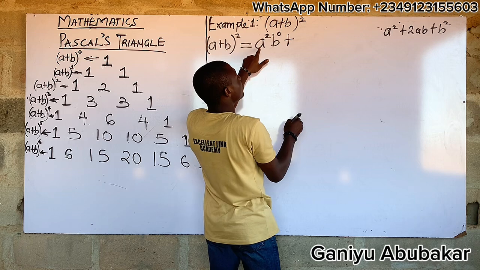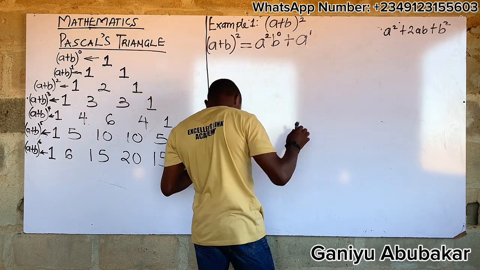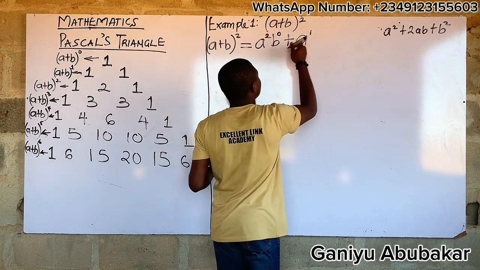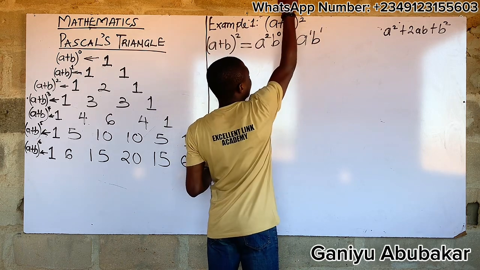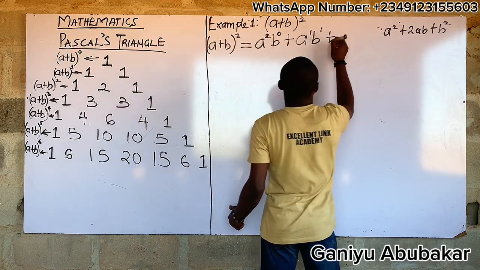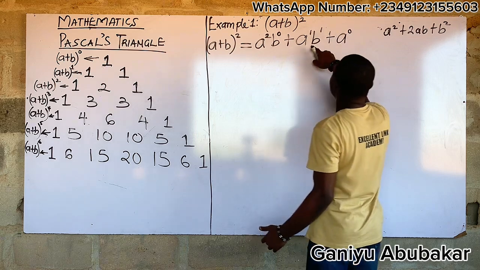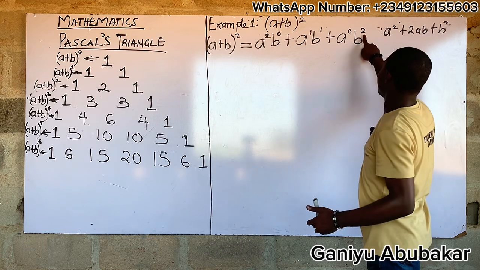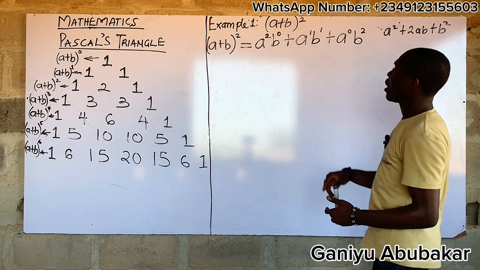Reduce the first term's power by 1: a to the power 1, since 2 minus 1 is 1. Increase the second term's power by 1: 0 plus 1 is 1. Next, plus, same procedure: a to the power 0, b to the power 2. Since I now have a square and my question was squared, I stop at this point.